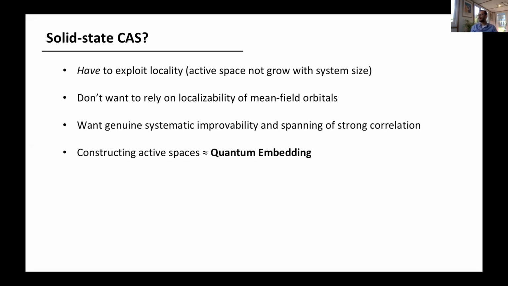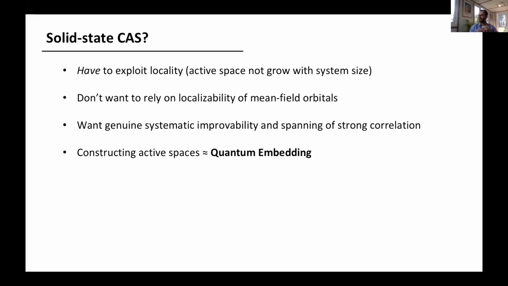As our polarizability gets larger and our HOMO-LUMO gaps get smaller, the ability to localize orbitals to physically or chemically meaningful areas of the active space gets more difficult, both from a numerical perspective, but also because there are fundamental limitations to how local these orbitals can be. We also want a way to construct an active space that has genuine systematic improvability, but is also able to span these centers of strong correlation that we think are important.